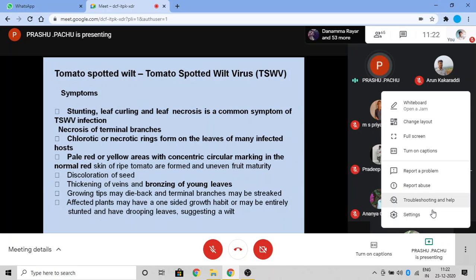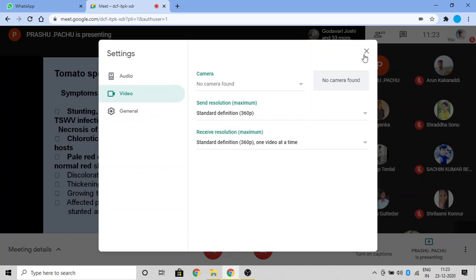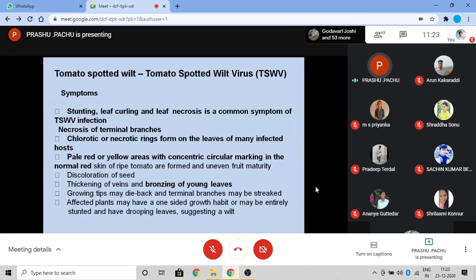Then you also see, on the fruits, if we observe any kind of concentric rings which are pale reddish or yellowish in color with a reddish background on the ripened fruits. If you find all these symptoms, definitely we can say such plants are affected with this tomato spotted wilt viral disease.